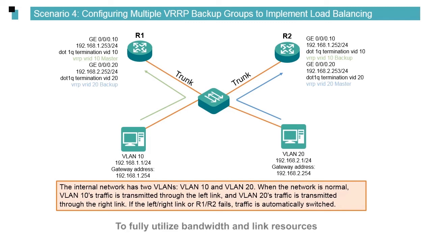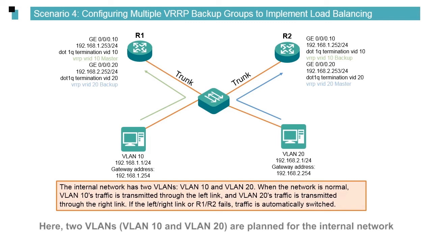To fully utilize bandwidth and link resources, configure multiple VRRP backup groups to implement load balancing. So how can we implement load balancing? Here, two VLANs, VLAN 10 and VLAN 20, are planned for the internal network.